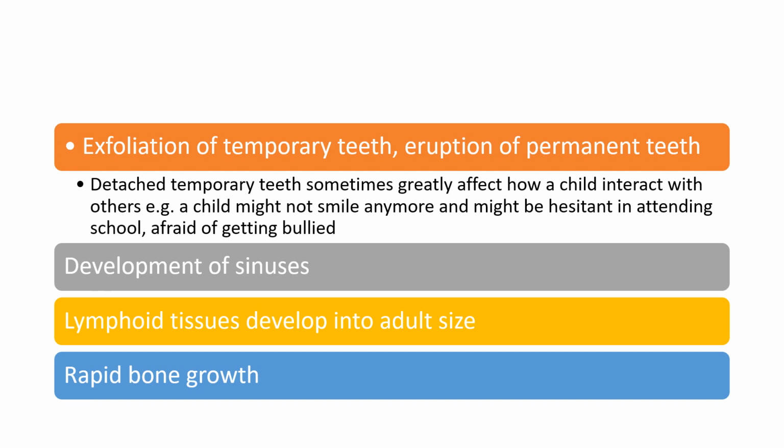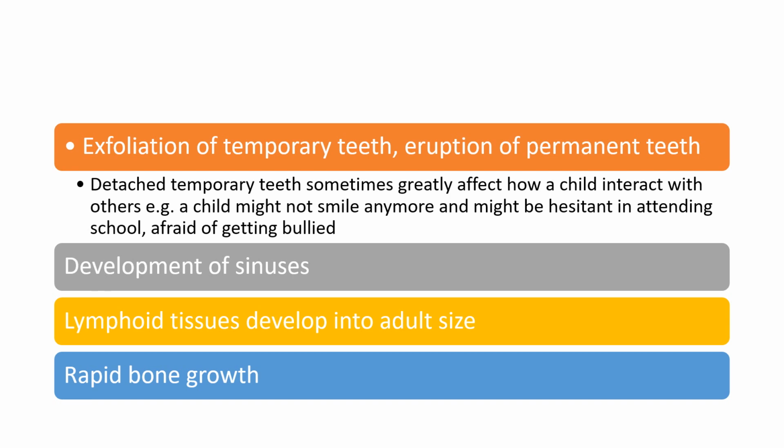Some children develop infections at this age, and they might skip school sometimes. That also affects their self-esteem in the long run. So lymphoid tissue is very important to maintain the immune system of the children.